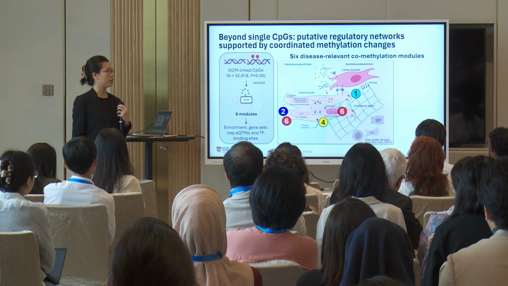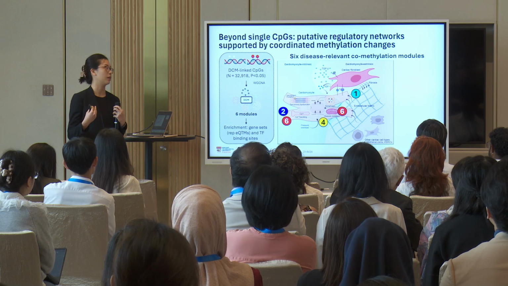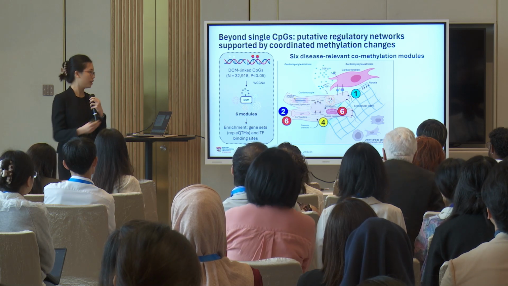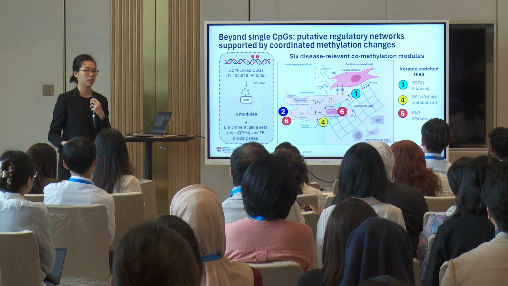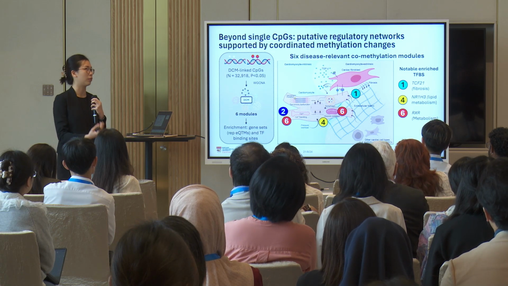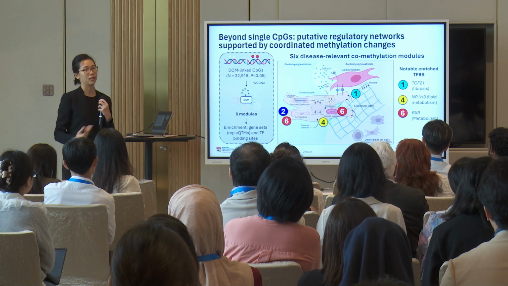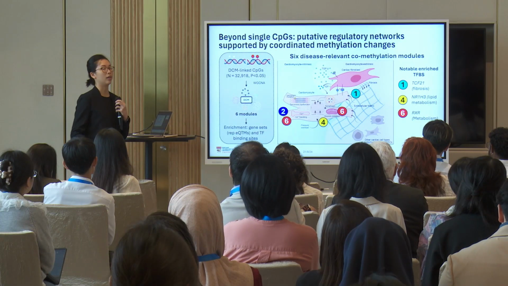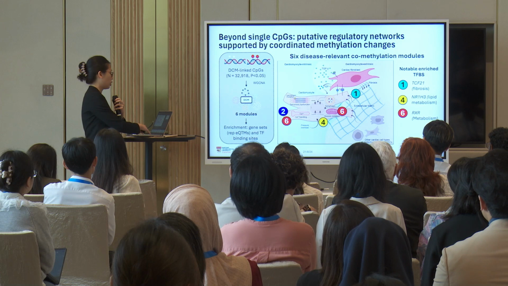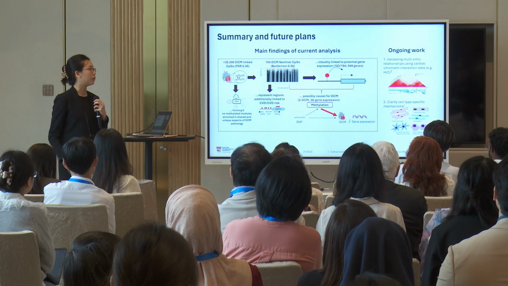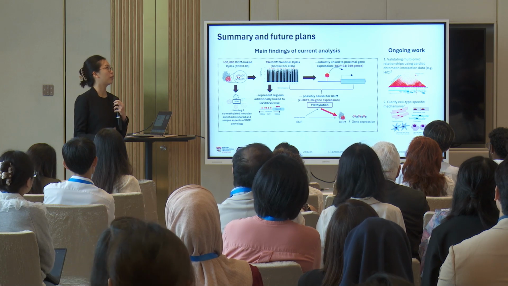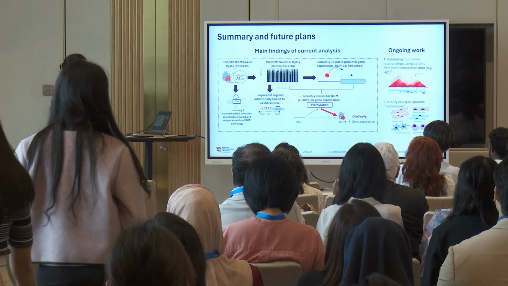For example, module 6 was enriched in genes involved in altered metabolism. Some of the modules were also enriched in the corresponding transcription factor binding sites that are known to have a role in metabolic processes, for example, or extracellular matrix processes. So this provides an overview of the various omics analyses that were performed on the DCM sentinel CpGs.